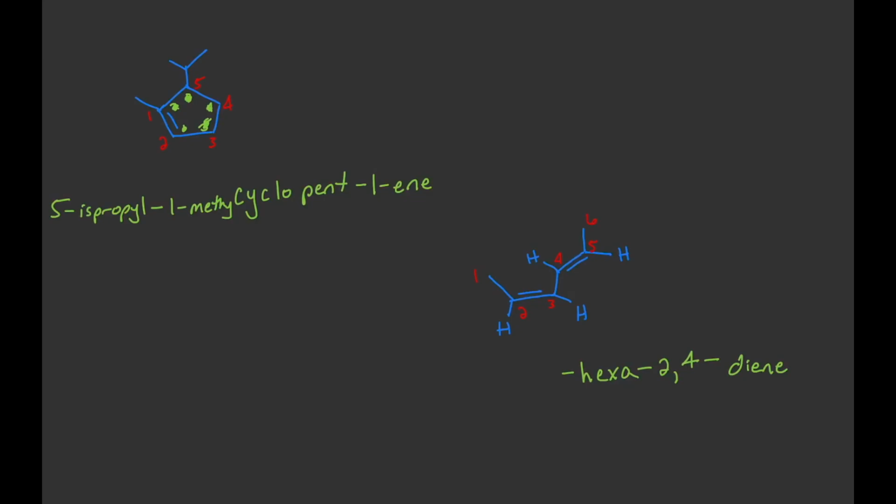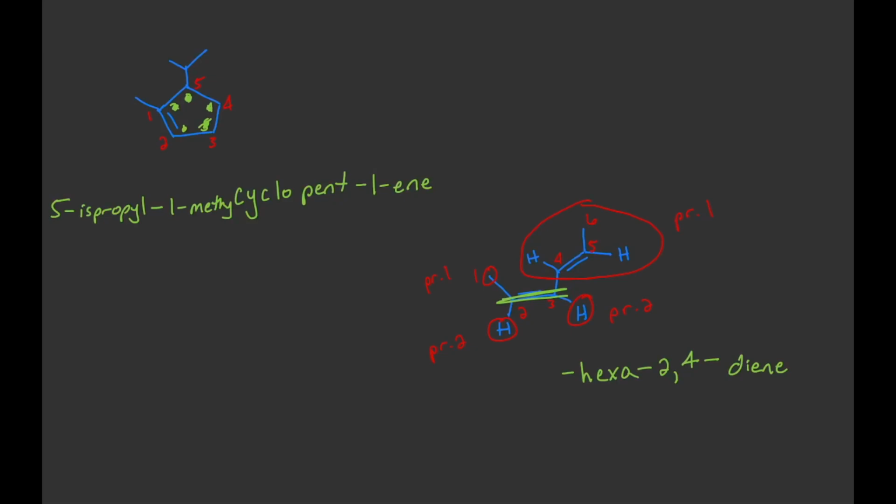So if we look down this bond, and let's only focus on this one, we see that our priority 1 is on the top with the methyl. And again, hydrogen is always our lowest priority, so priority 2. And then we'll look at the other side of the alkene. We have all of this as priority 1, and just a lonely hydrogen down here for priority 2.